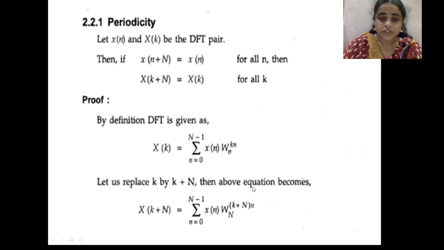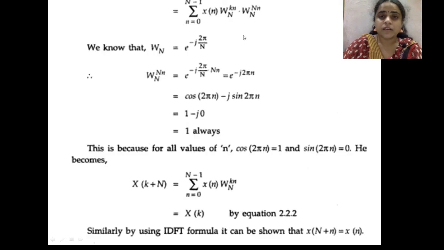Now let us replace k by k plus N. Here I am taking the twiddle factor omega N power kn. In the above equation, k is replaced everywhere by k plus N. So summation n equal to 0 to N minus 1 x of n omega N power kn into omega N power nN.